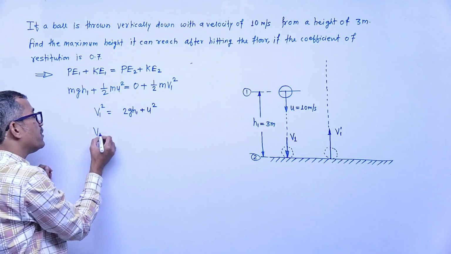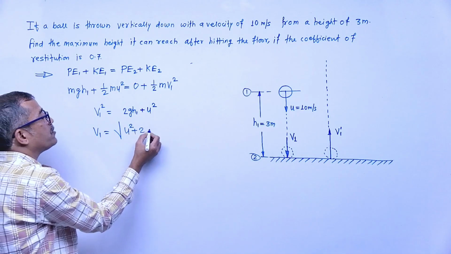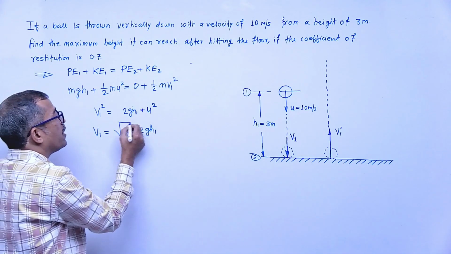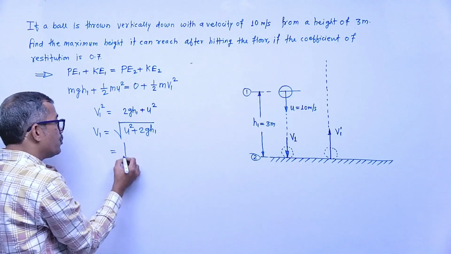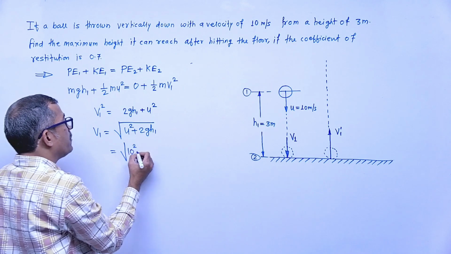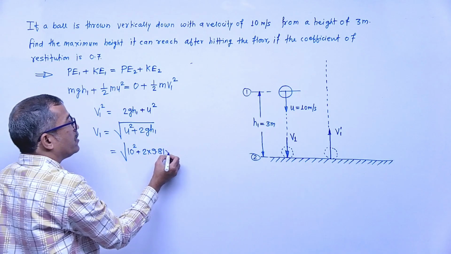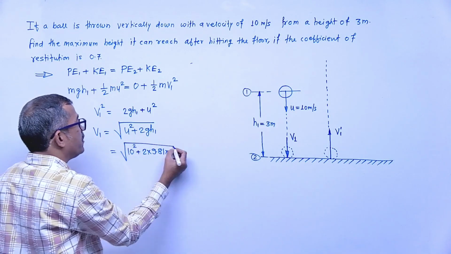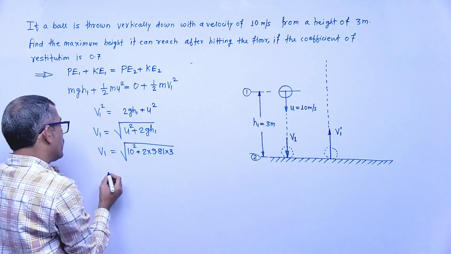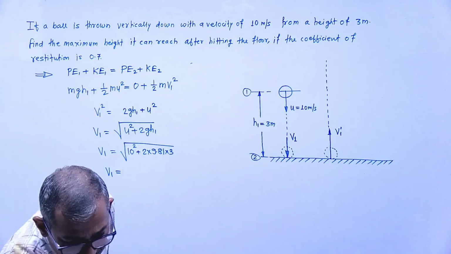Means v1 is the root of u square plus 2g h1. u is 10. So this is 10 square plus 2 into 9.81 into height, which is 3. So you will get some value of velocity. Clear?